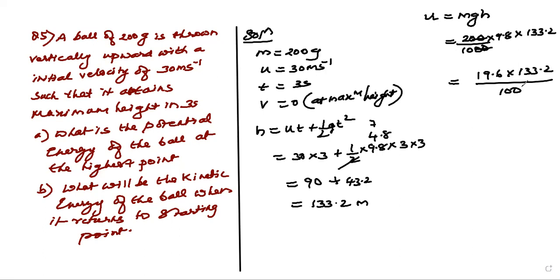When you multiply 19.6 into 133.2, you get 2610.72, the whole thing upon 100.